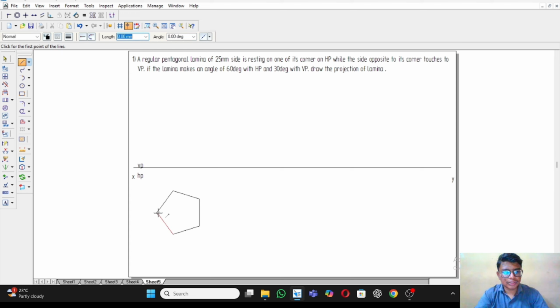We have to take these projections upwards. The projections should be in a normal line. Then we have to take a visible line.